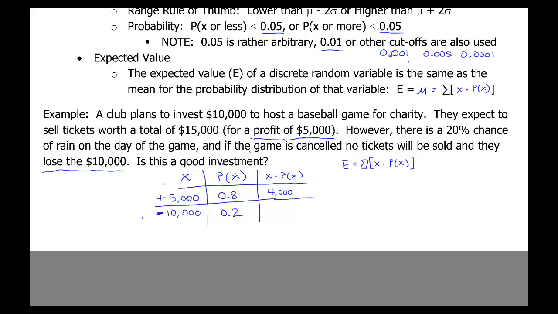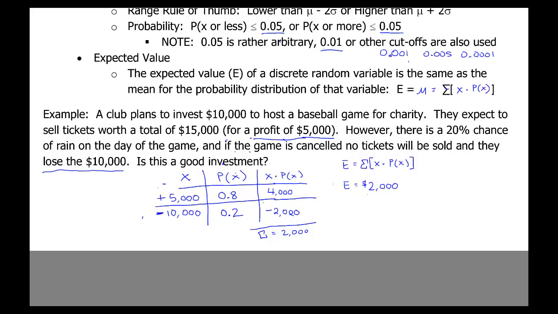And negative 10,000 times 0.2, calculate that, we get negative 2,000. So the sum of that column is 2,000. So our expected value is $2,000.